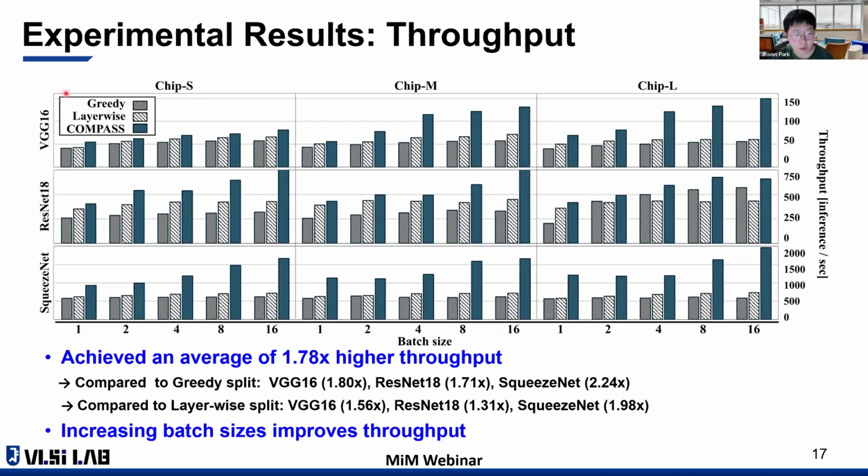So, going back, this is 3 different models and 3 different chip sizes and the batch sizes, and we measure the throughput of each method, and we get an average of 1.78 higher throughput, and we can see that increasing the batch sizes improves the throughput as well.